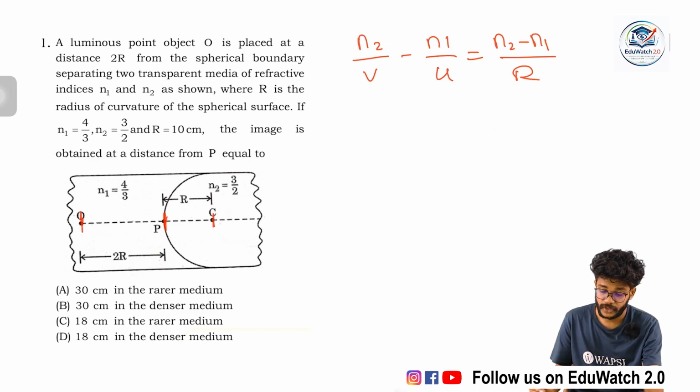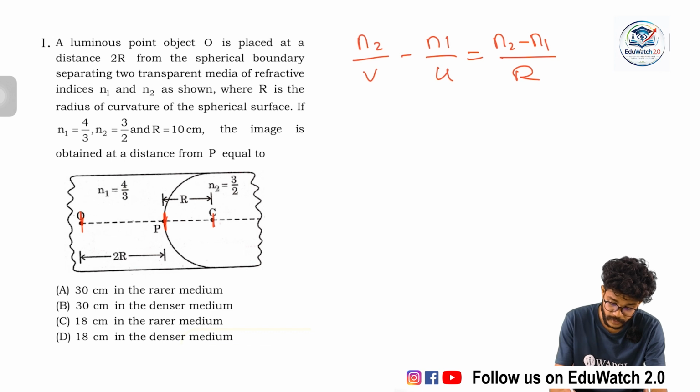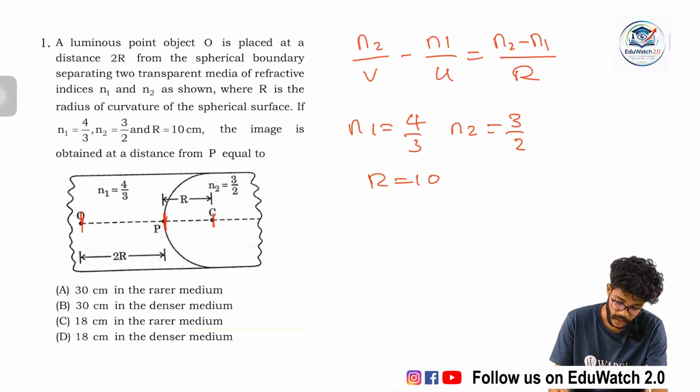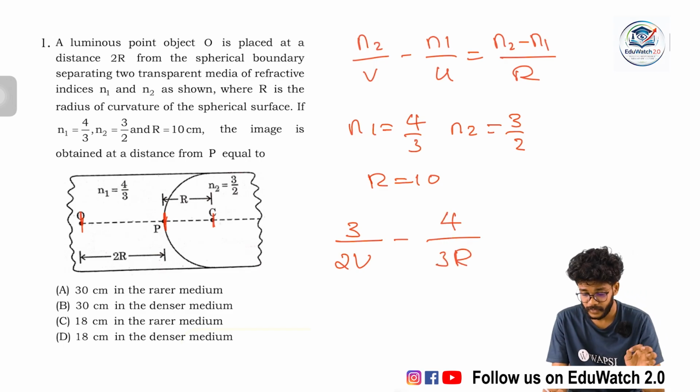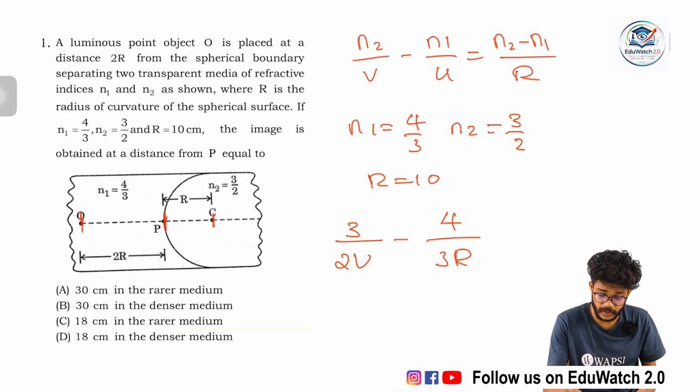Yes. So n1 is 4 by 3 and n2 is 3 by 2 and R is 10. So 3 by 2v minus 4 by 3R. Actually, sorry, u is not R, it is 2R. So 3 by 2v minus 4 by 3 into 2R.